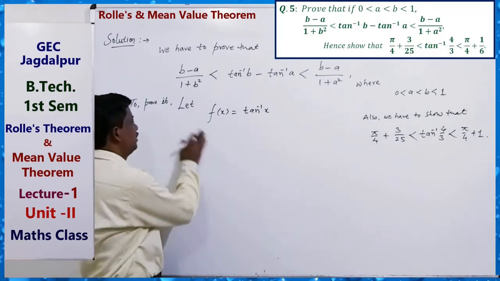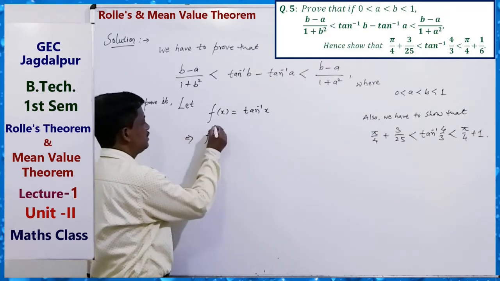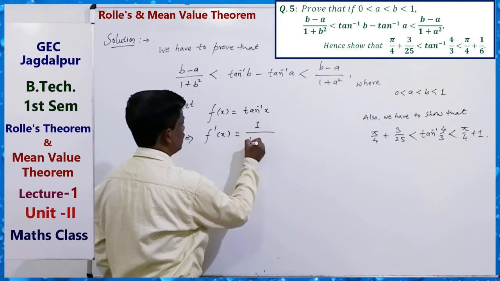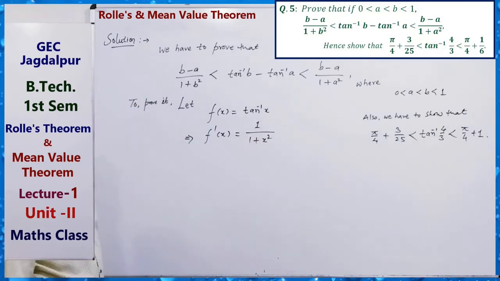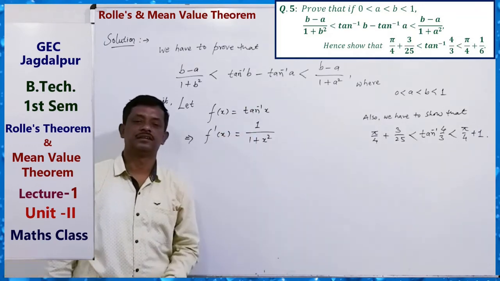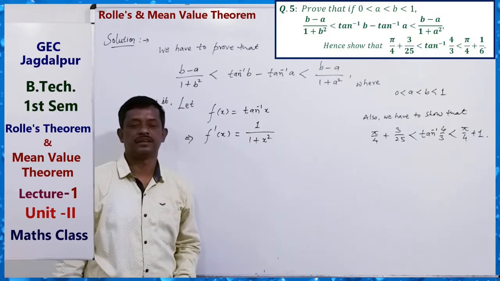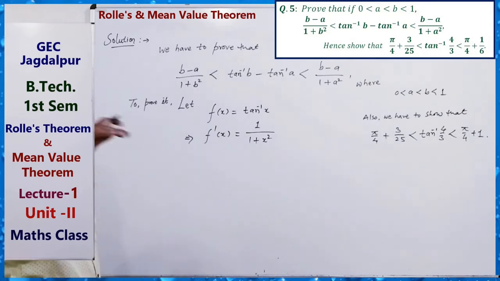Now just differentiate it. We get 1 upon 1 plus x square. Tan inverse x is a continuous function, and differentiable also.